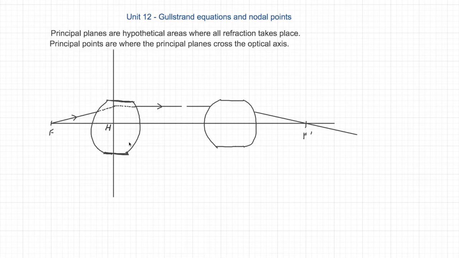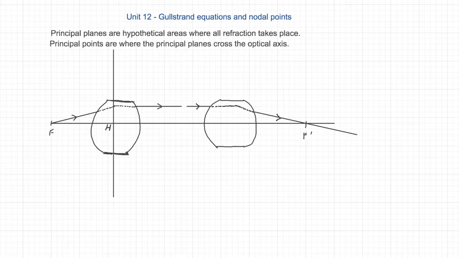On the thick lens on the right, we're sending in a ray from infinity. It's parallel to the optical axis. It's refracted through the secondary focal point F prime. We extend forward the path of the incoming ray and extend back the path of the outgoing ray. They meet at the secondary principal plane.